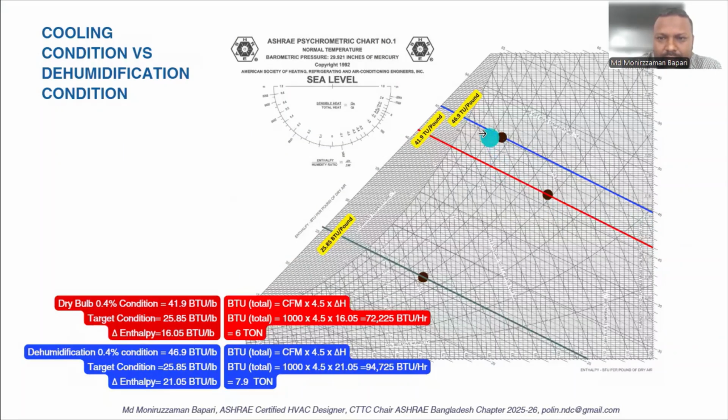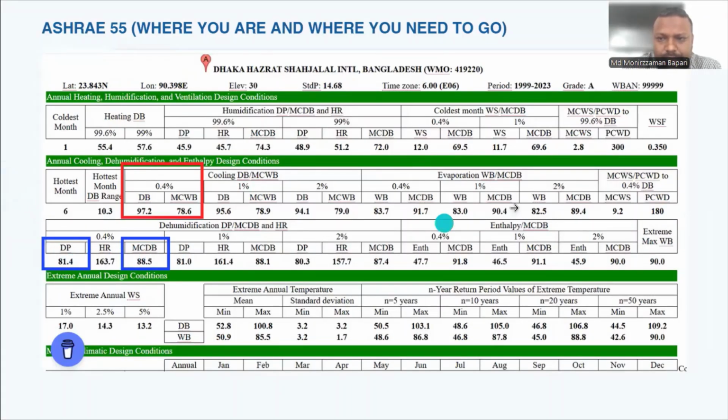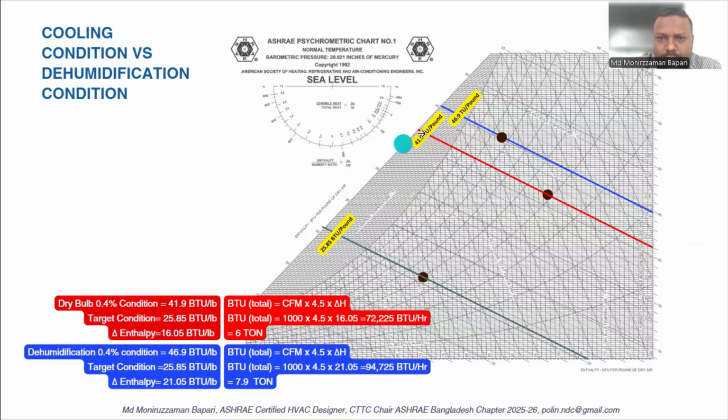And the blue line here and this black dot is the dehumidification condition that we have just seen earlier, this one. Now, as we plot all this, let's take these two points first.